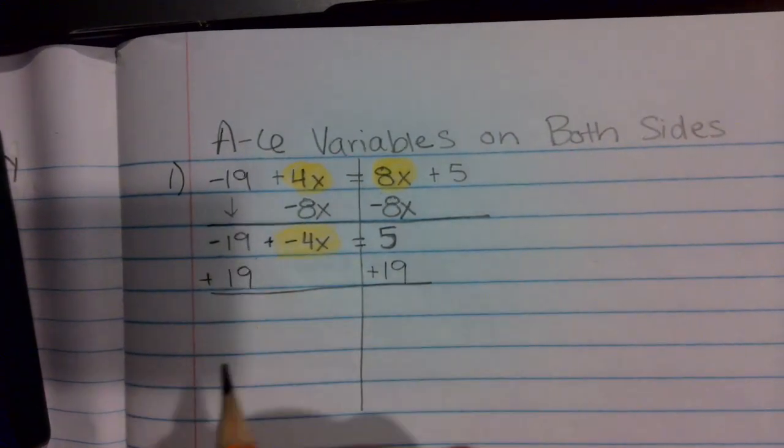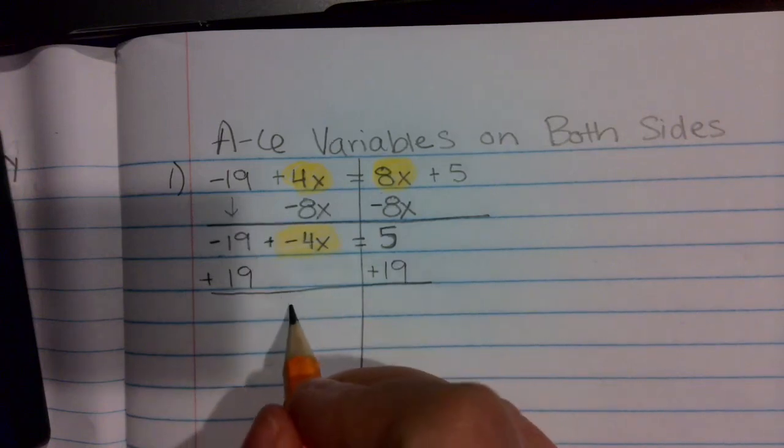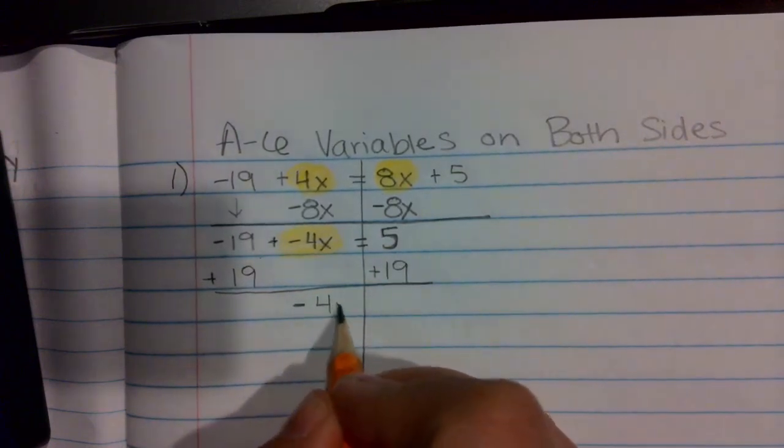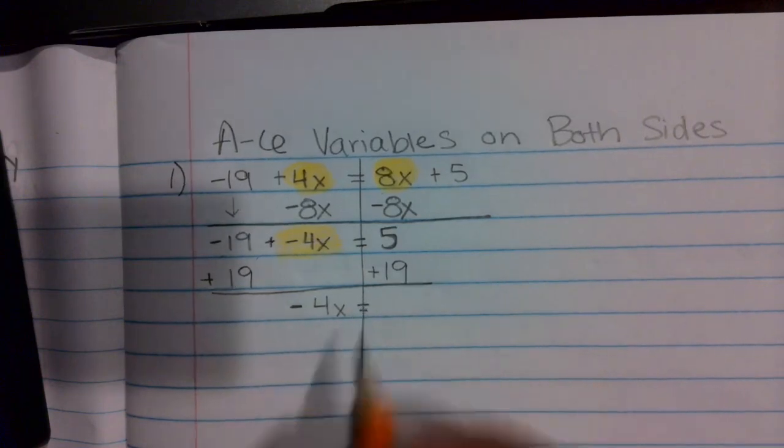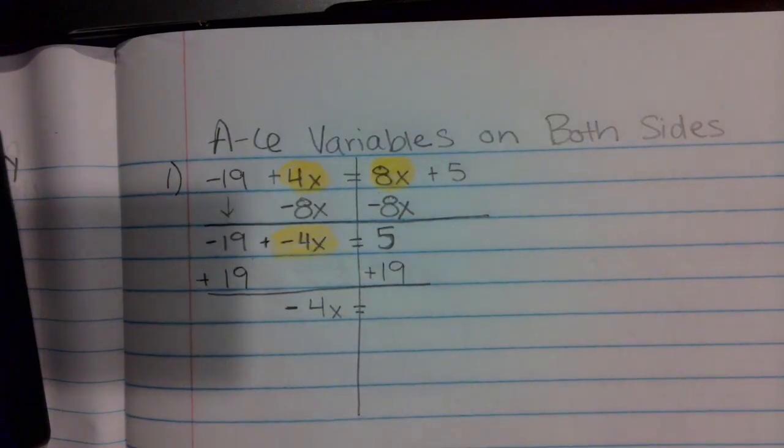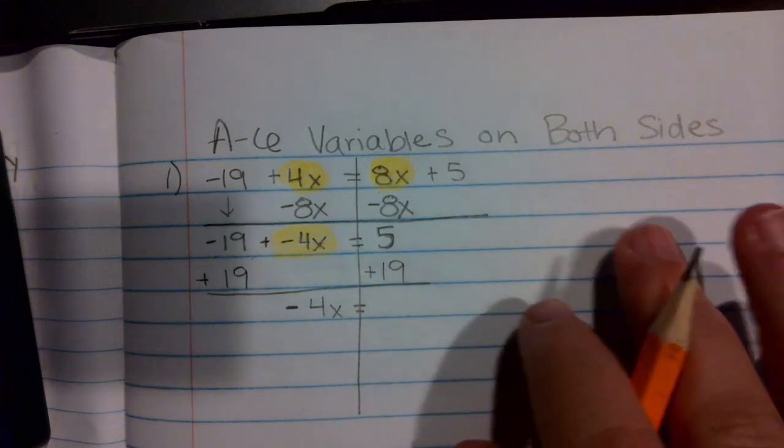Negative 19 and a positive 19 makes 0, so I'm left with this negative 4x equals 5 plus 19. So 19, 20, 21, 22, 23, 24.